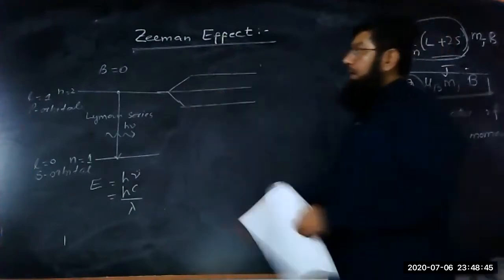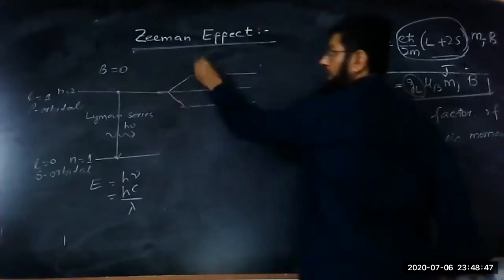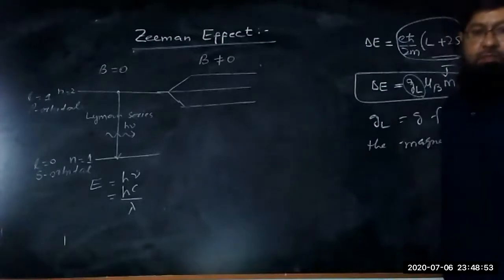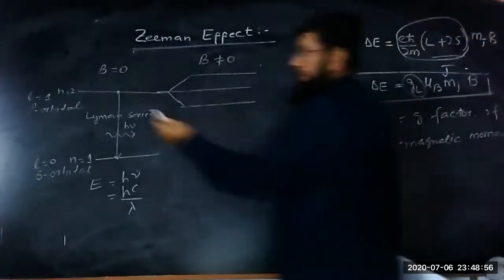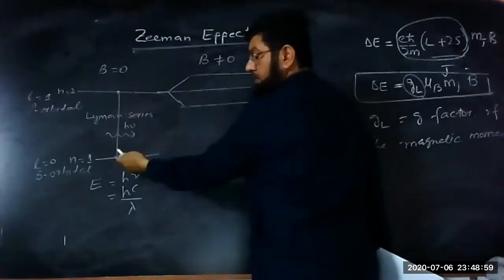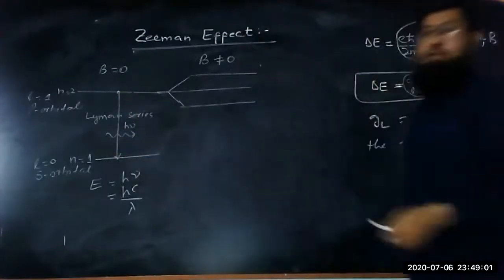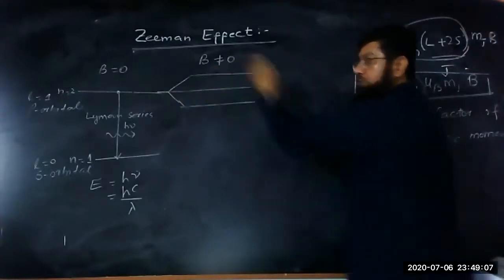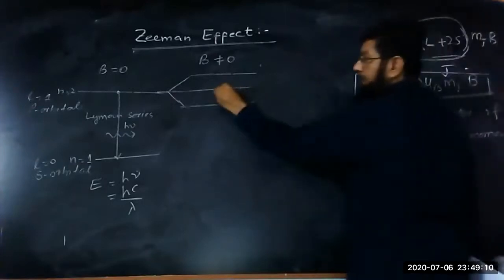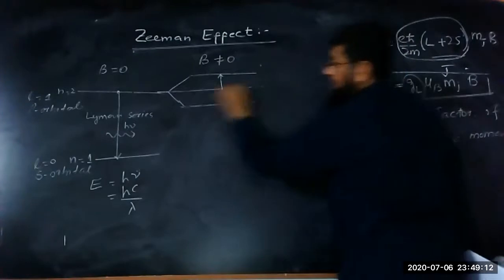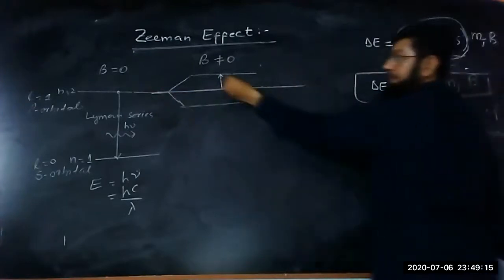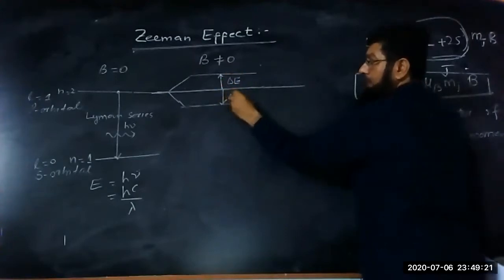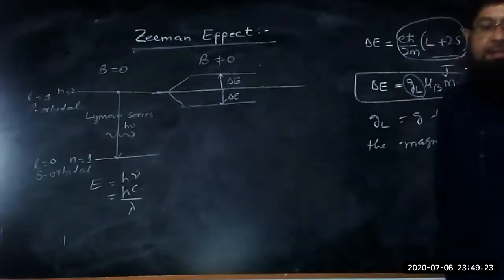It means that when the magnetic field is non-zero, when B is not equal to 0, an atom which is not in the magnetic field has its energy level here. But if you switch on the magnetic field, as a result the energy level is split. This is the original, and this is the change in energy, which is delta E. So delta E may be plus and minus.